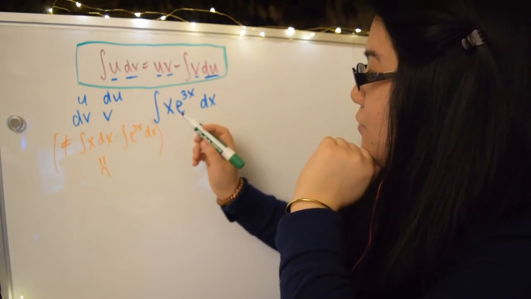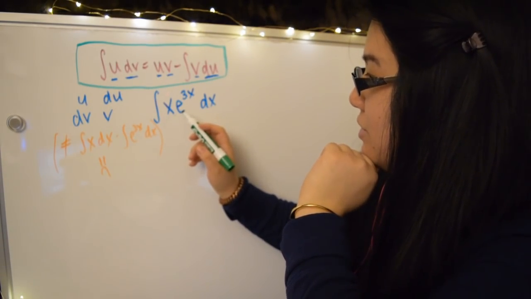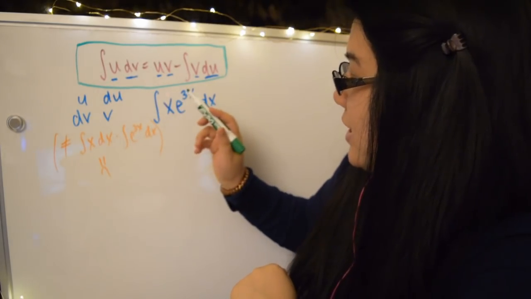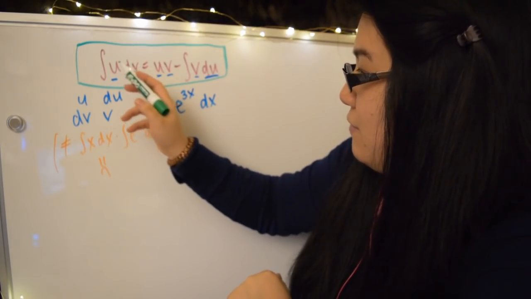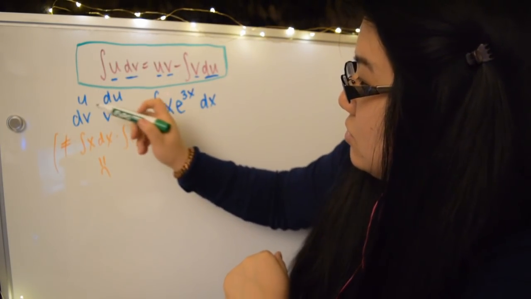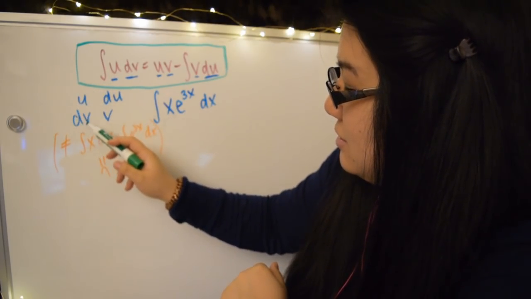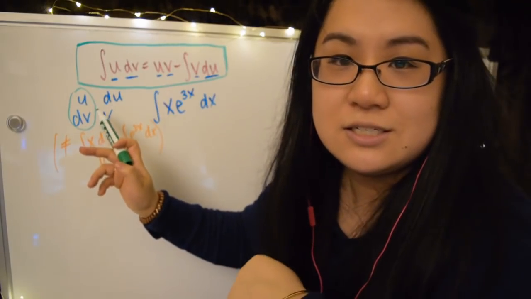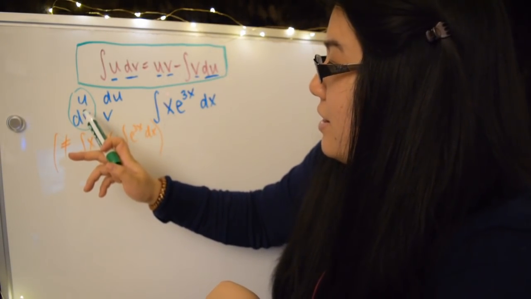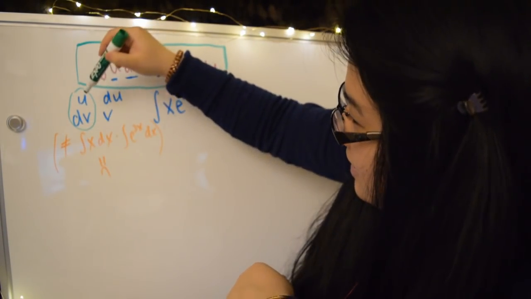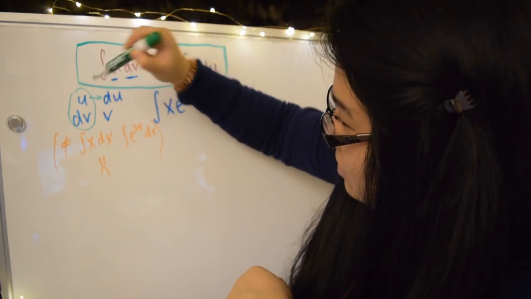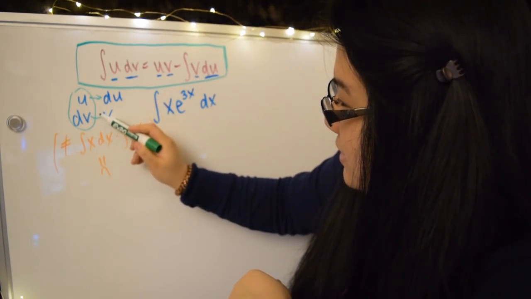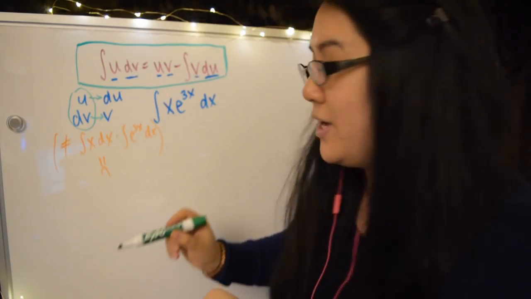So if we look at the pattern though, we are picking u and dv from this side and on this side. That's why I wrote it like this, because I'm actually picking u and dv, and then from those I get my du by taking the derivative and v by taking the integral, okay?